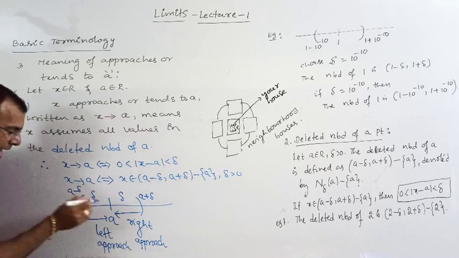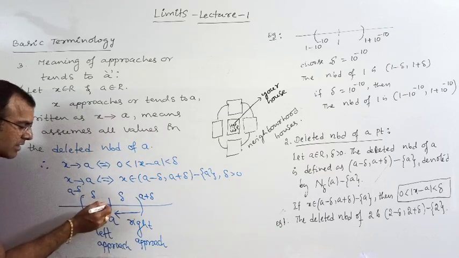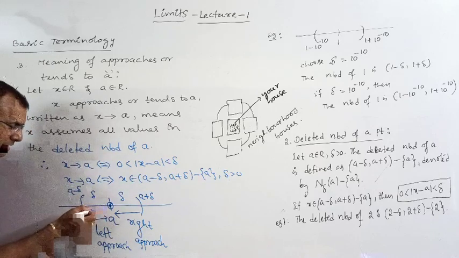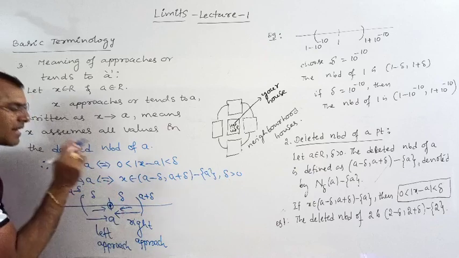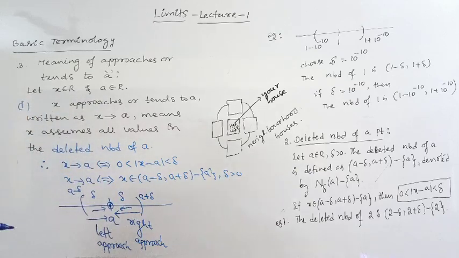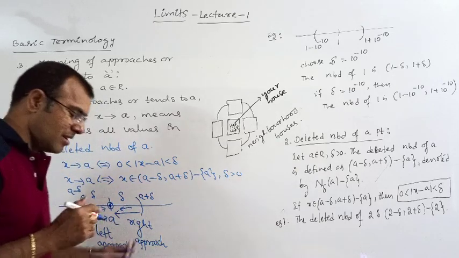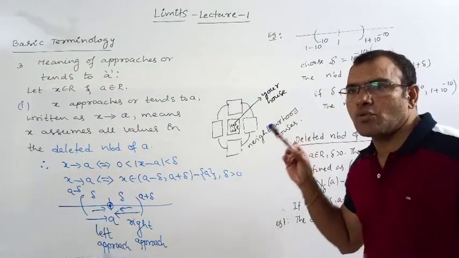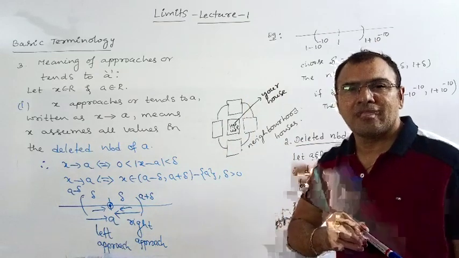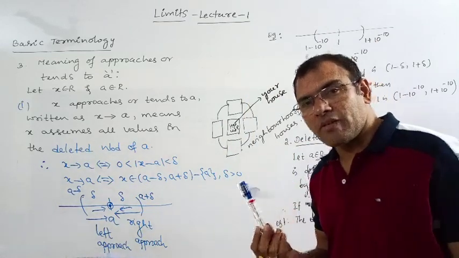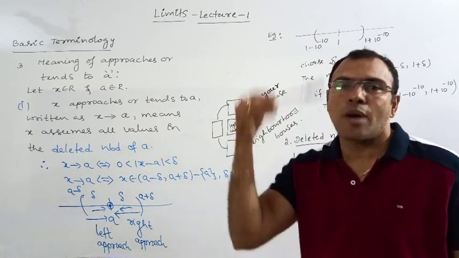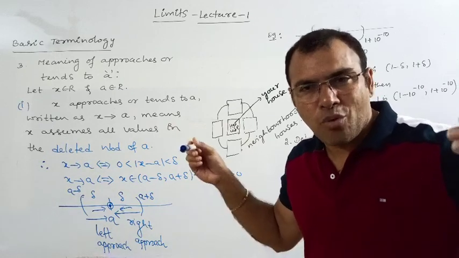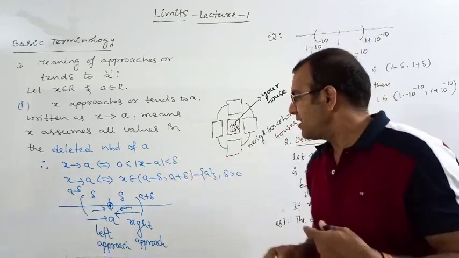So which means that X is moving towards this point A in both directions. For example, you can say that one car is moving towards a house, and another car is moving towards that same house in the opposite direction. So both are approaching the same house.